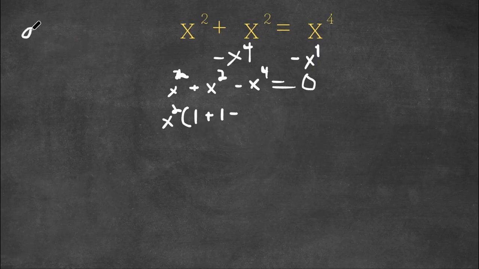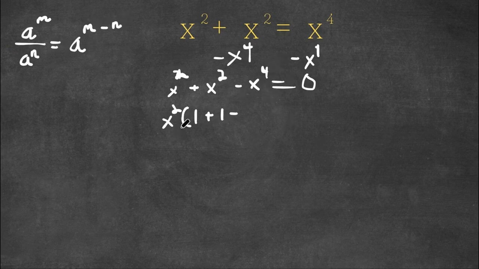Well, if we have something in the form a to the power of m over a to the power of n, this is equal to a to the power of m minus n. So x to the power of 4 over x to the power of 2, that's x to the power of 4 minus 2, and 4 minus 2 is 2, so this would be x squared.